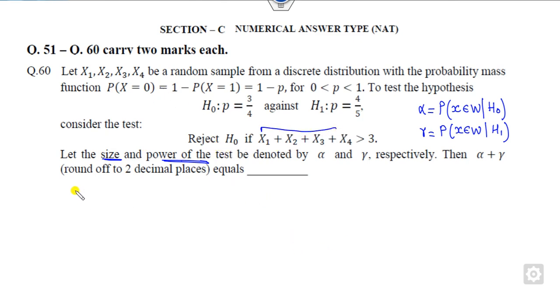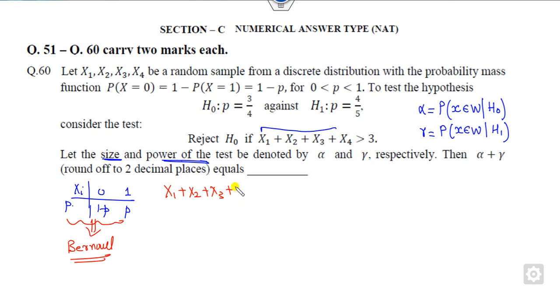What is given to you? Xi follows two values, 0 and 1, and the probability of 0 is 1 minus p, and of 1 this is my p. Do you remember which distribution this is? Yes, this is nothing but my Bernoulli distribution. Once Xi follows the Bernoulli, this follows my binomial distribution with parameters n is 4 and p is small p.